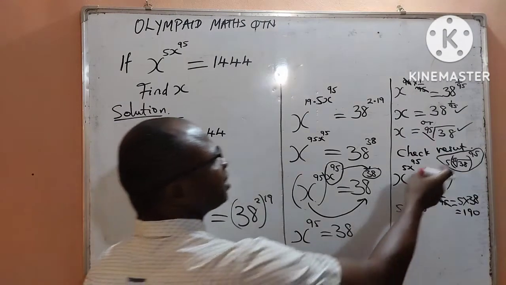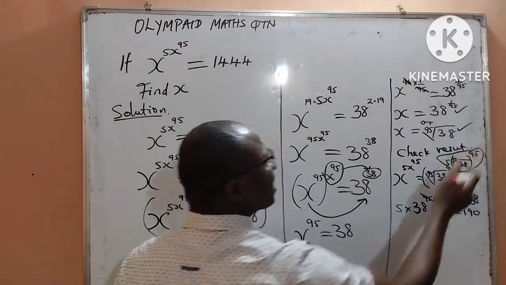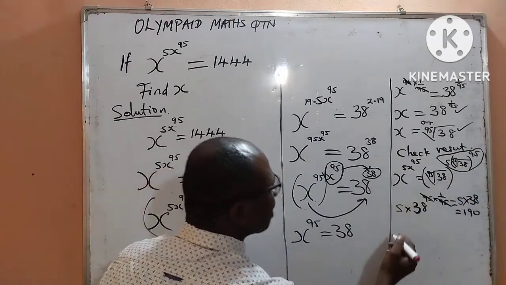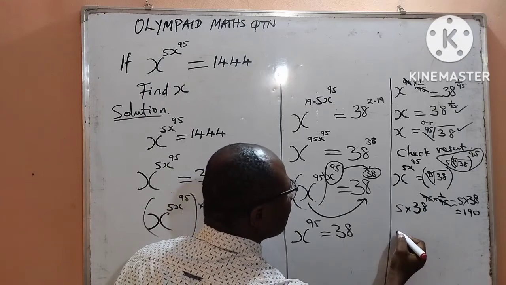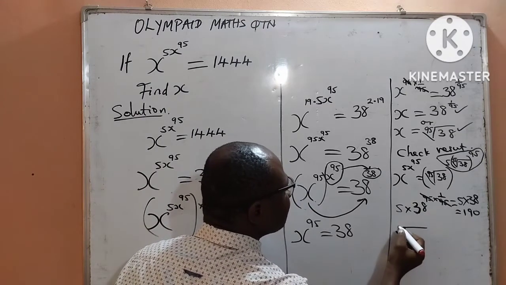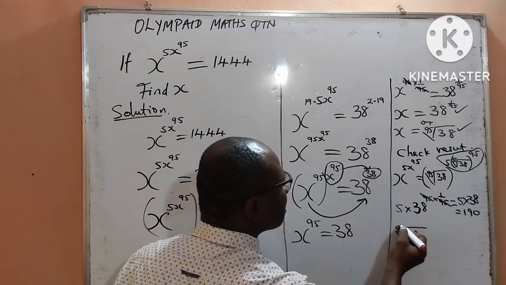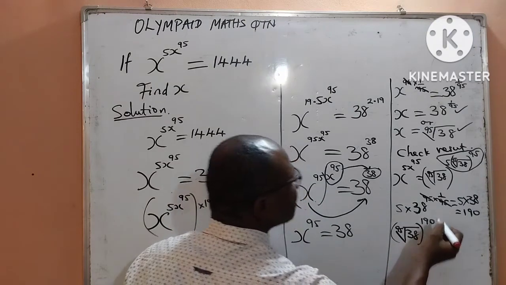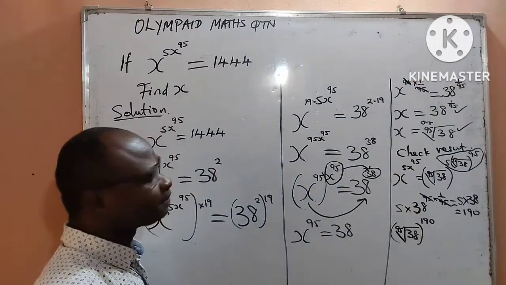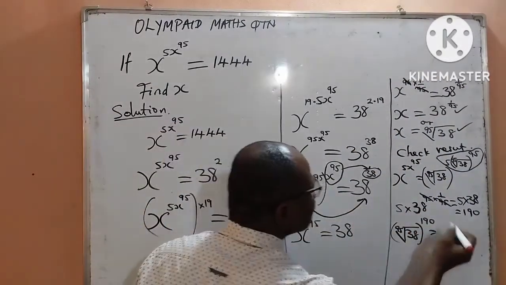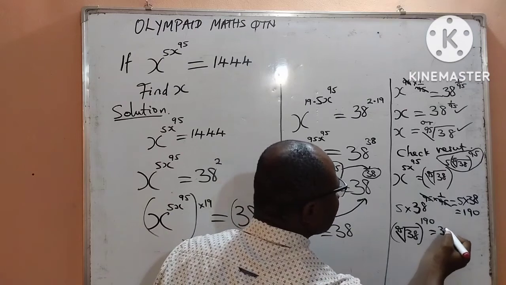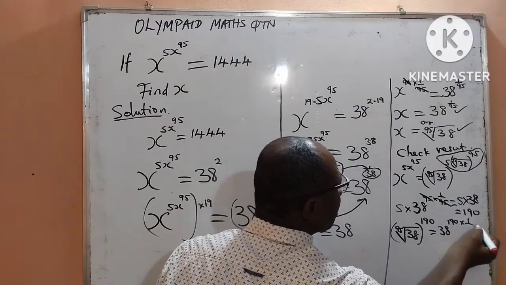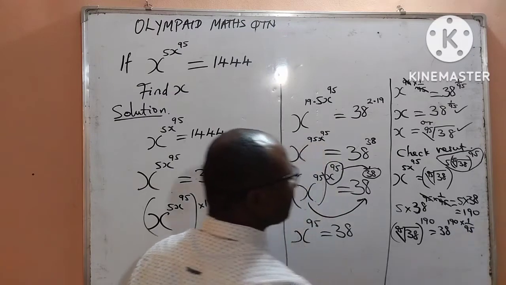What does this mean? It means that the whole simplification in the exponent gave us 190, implying that what we have now is the 95th root of 38, everything now raised to power 190, because I have simplified the power. I can also write it as 38 raised to power 190, then multiply by 1 all over 95.